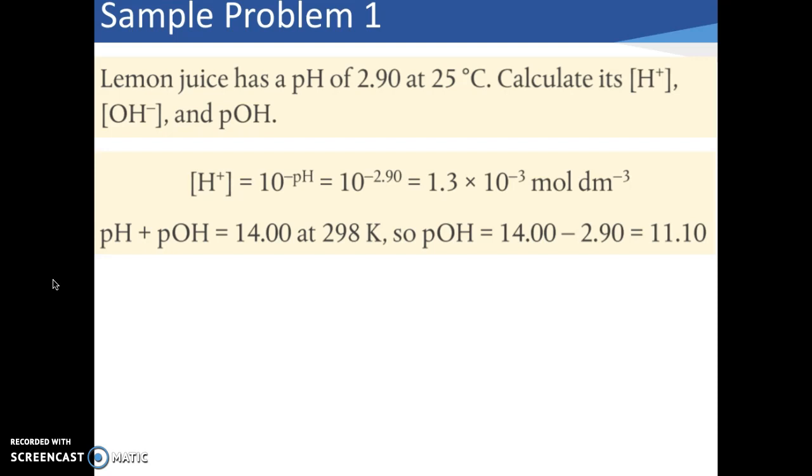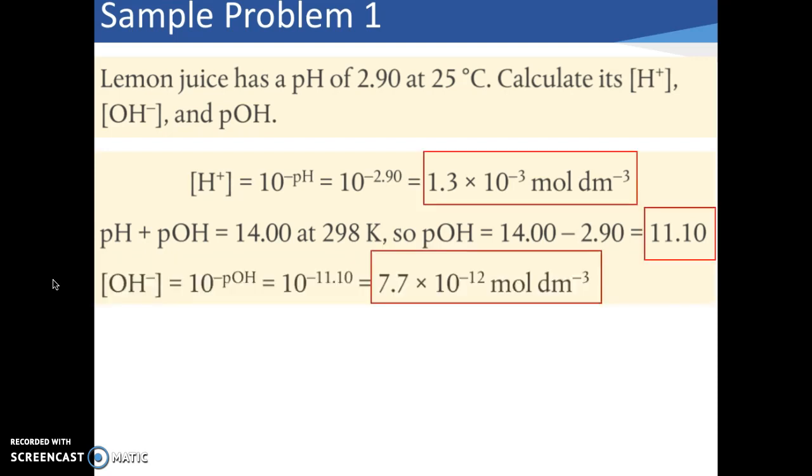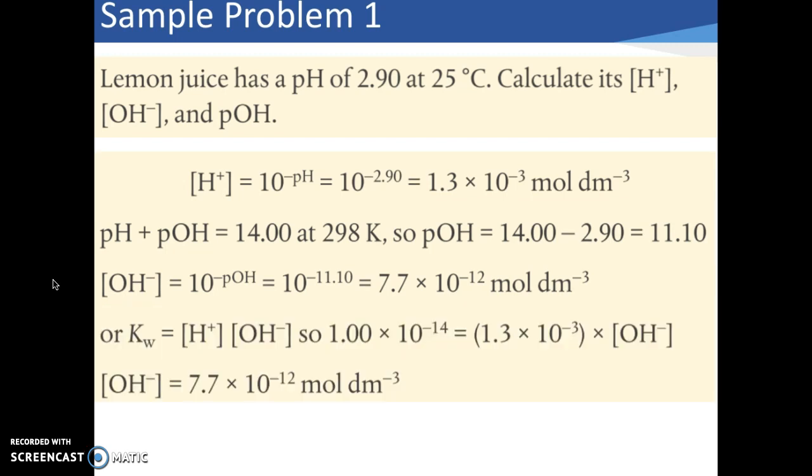Last thing we need to do is find the hydroxide ion concentration. The way to do that is we plug it in the same way we did for the hydrogen ion concentration. So hydroxide ion concentration equals 10 to the negative pOH, which is 10 to the negative 11.10, gives us 7.7 times 10 to the negative 12th moles per decimeter cubed. Okay, you could also do it a little bit differently.